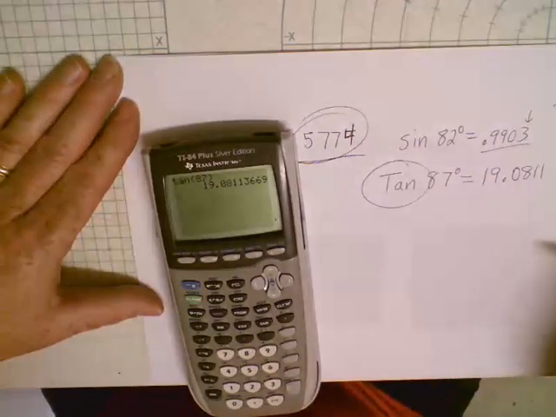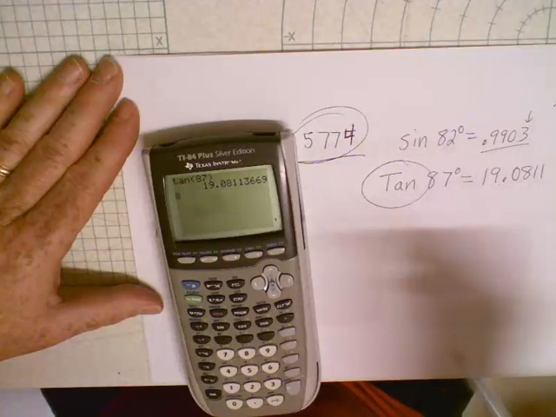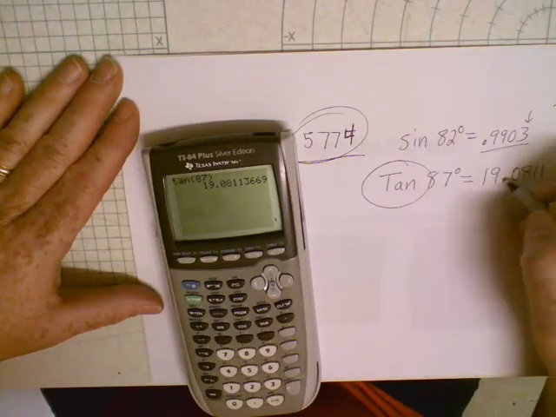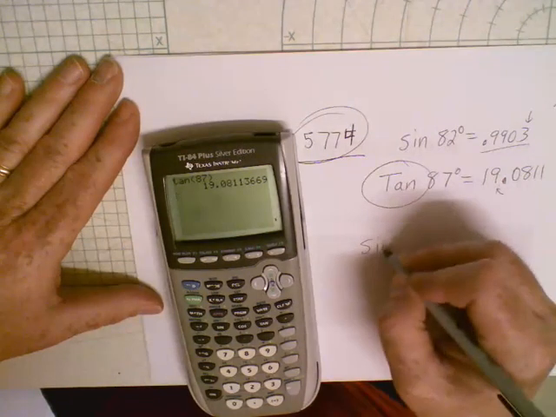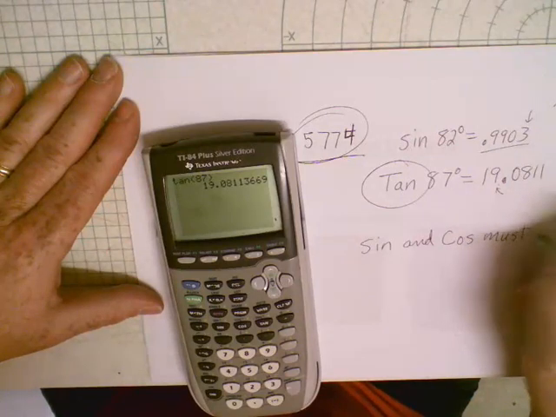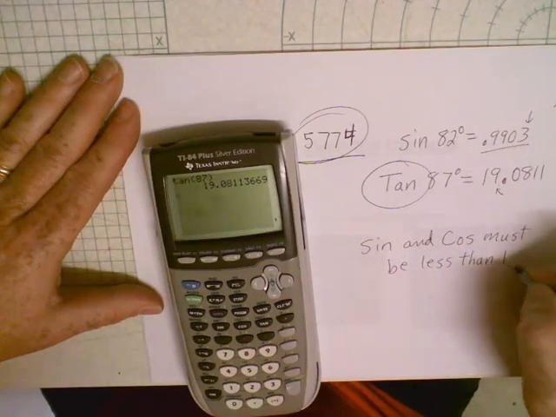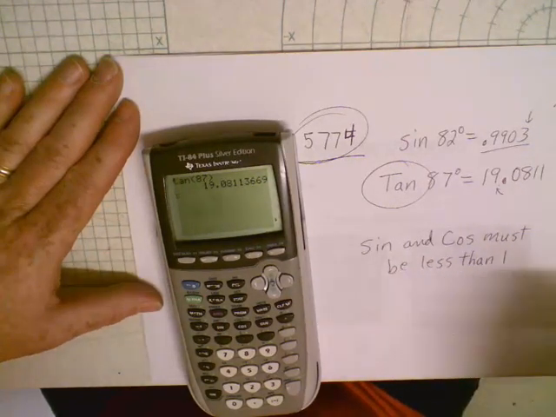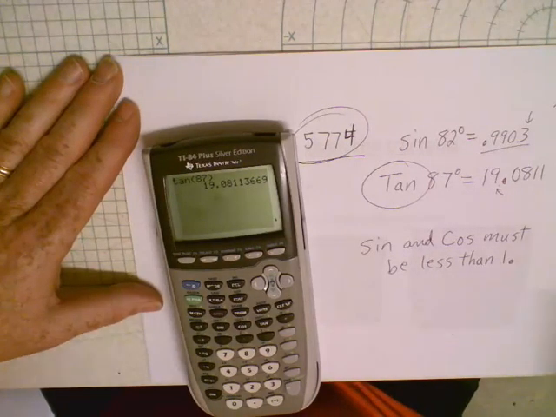Tangent is the only one of the 3 ratios that can ever be larger than 1 whole. So it's the only one that's ever going to have a number that's not a 0 out in front of the decimal. Sine and cosine must be less than 1. So it's got to be like 0.9999 whatever, but it can't have a number out in front of the decimal. Tangent can, sine and cosine cannot.